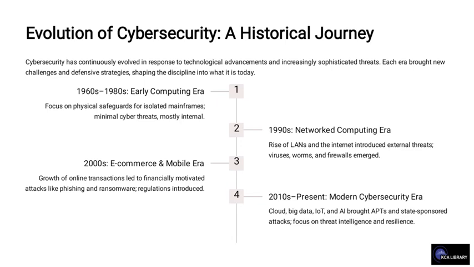Looking at the evolution of cybersecurity, it's actually a journey, and it has continuously evolved in response to technological advancements and increasingly sophisticated threats. Each era brought new challenges and defensive strategies, shaping the discipline into what it is today.